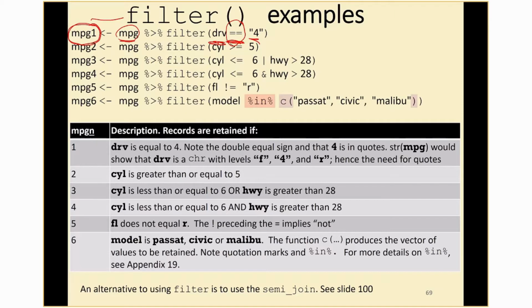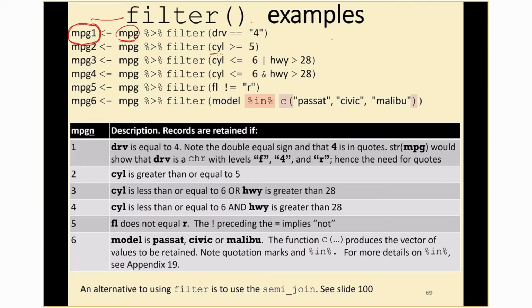So, two things to note. It's a logical test. We need a double equal sign. Second thing to note is the quotation marks. And the quotation marks are necessary because this variable drive is one of these guys. In the next example, we're also doing a filtration, but now we're filtering based on cylinder.